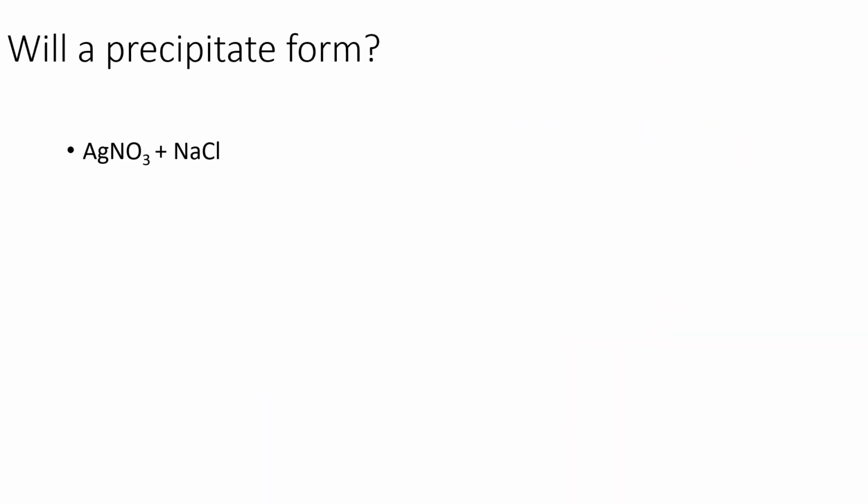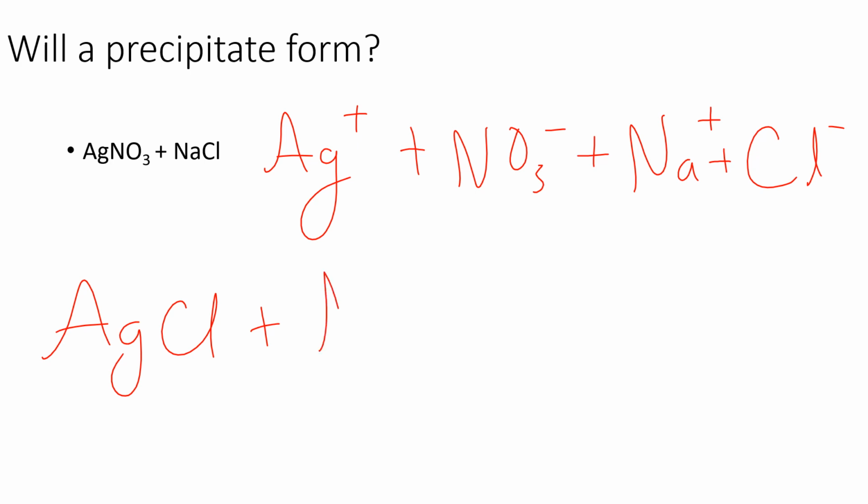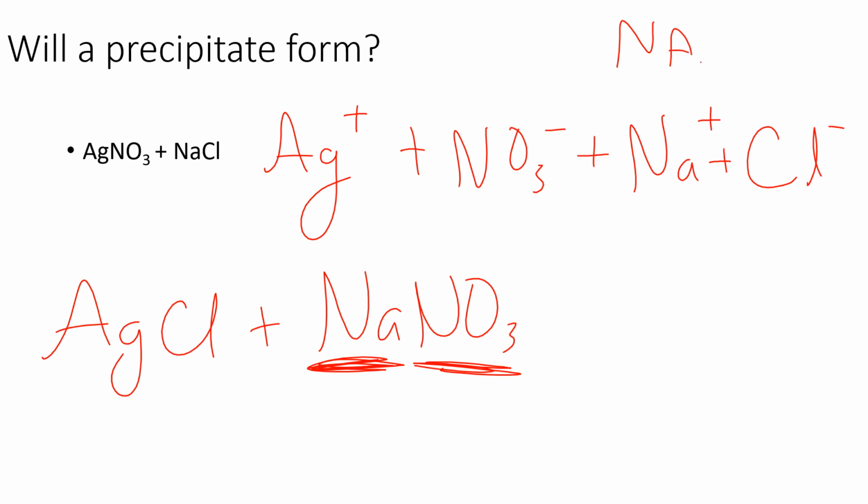Secondly, we have another double displacement reaction, silver nitrate plus sodium chloride. Again, we can break this down into the constituent ions, and now we can perform the double displacement. So AgCl plus NaNO3. Well, this has the sodium cation and the nitrate anion. Remember NAACP number 1, our first solubility rule.